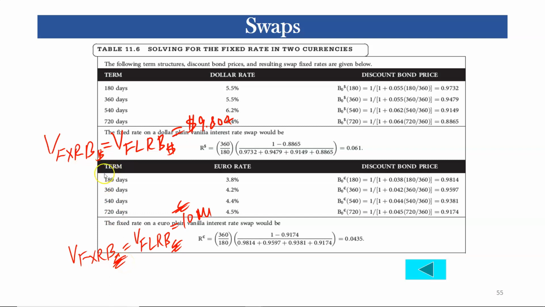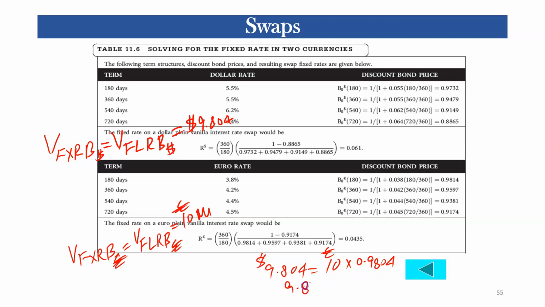They will equate to the same value, resulting in the value of the currency swap being equal to 0. For example, 9.804 million of the dollar side is equal to 10 million euros of the euro side. If we convert the 10 million euros at the current exchange rate of 0.9804, both are equal to $9.804 million.